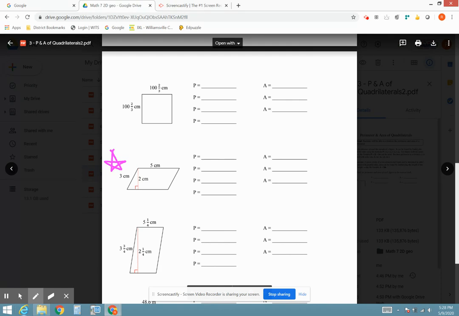Okay, so go ahead, do your work, and then I'll insert a question for you, show you the work, and then insert another question. Okay, now go ahead and find the area.